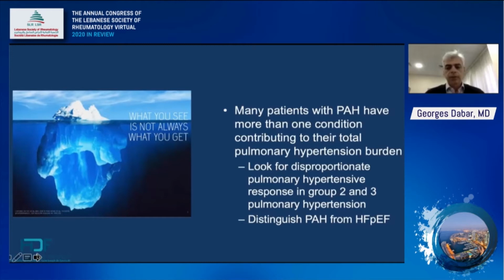If the numbers are much higher than what you expect, and the patient has an underlying, for example, collagen vascular disease, you need to keep in mind that part of the pulmonary hypertension is coming from the collagen disease. Also, we need to distinguish, especially in the elderly, pulmonary arterial hypertension from pulmonary hypertension due to heart failure with preserved ejection fraction.